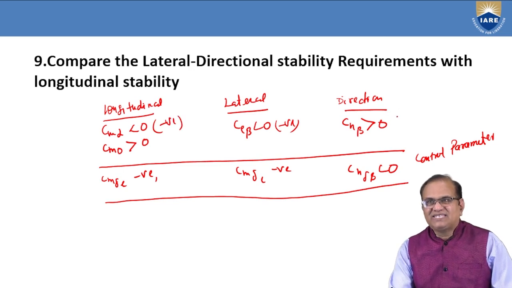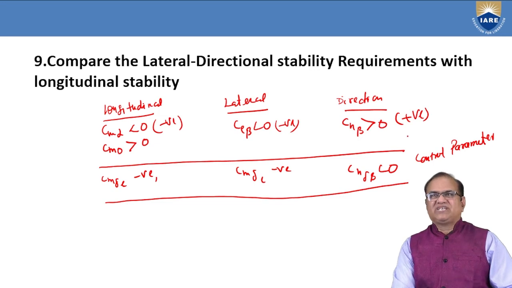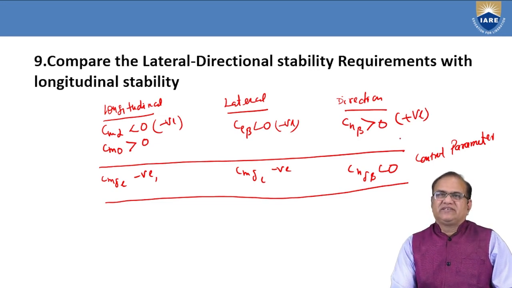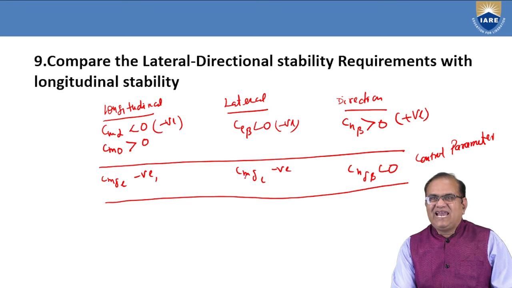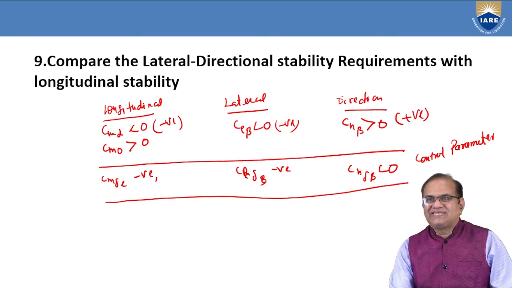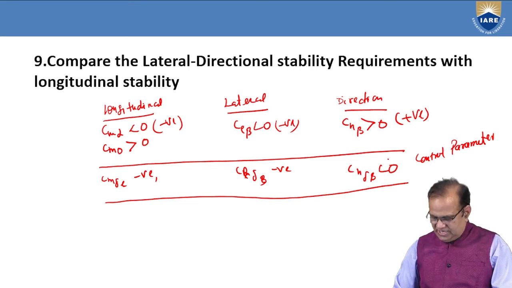But for the directional case, Cn beta should be positive. That is the first criterion. And for the control case, the elevator control power Cm delta E should be negative, Cl delta should be negative, and Cn delta should also be negative. All control power should be negative.